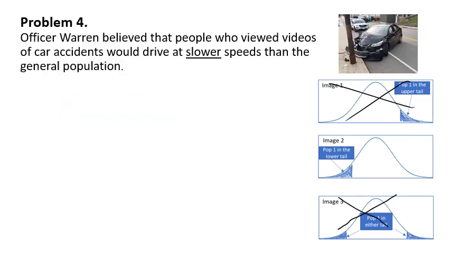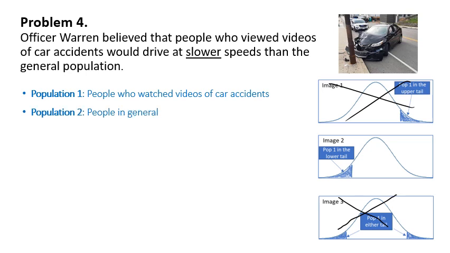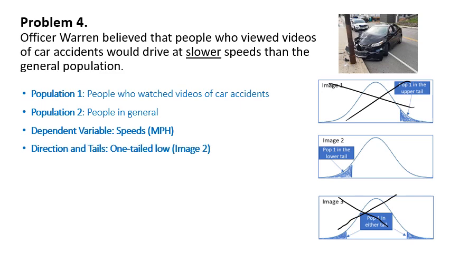Here's another one. Officer Warren believed that people who viewed videos of car accidents would drive at slower speeds than the general population. So population 1 are these people who watch videos of car accidents, and population 2 is the general population. The dependent variable is speeds, miles per hour, and the direction is one-tailed low.